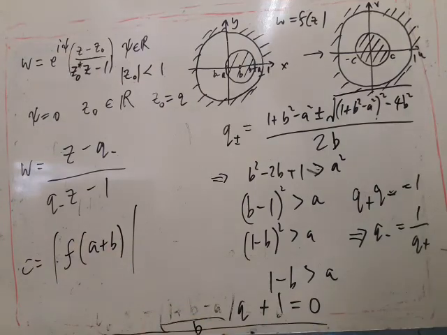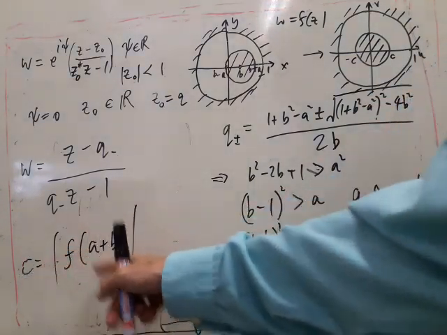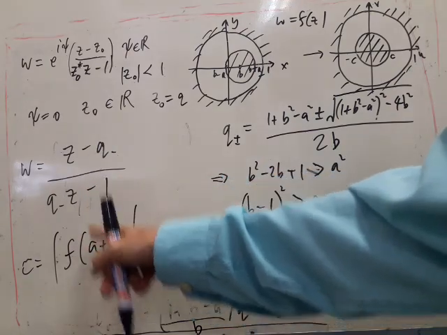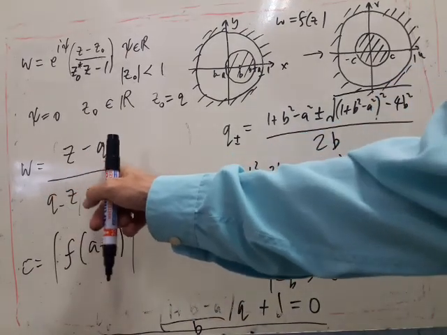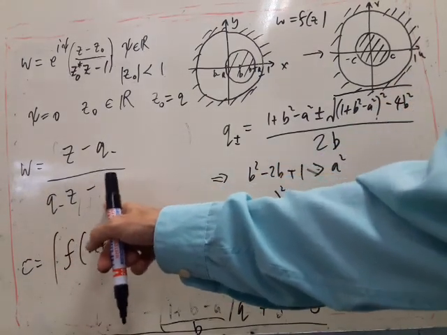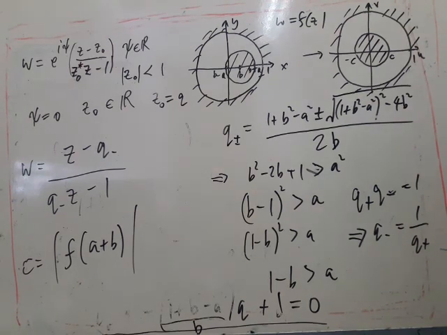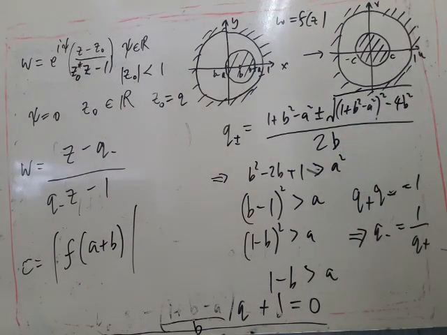So that will give me c, where f is this function here. So I just substitute this in. So it's a plus b minus q minus times a plus b minus 1, and a mod sign to be sure. It's just rather complicated to write down, and I don't think it simplifies in a nice way, but we can in principle find it.